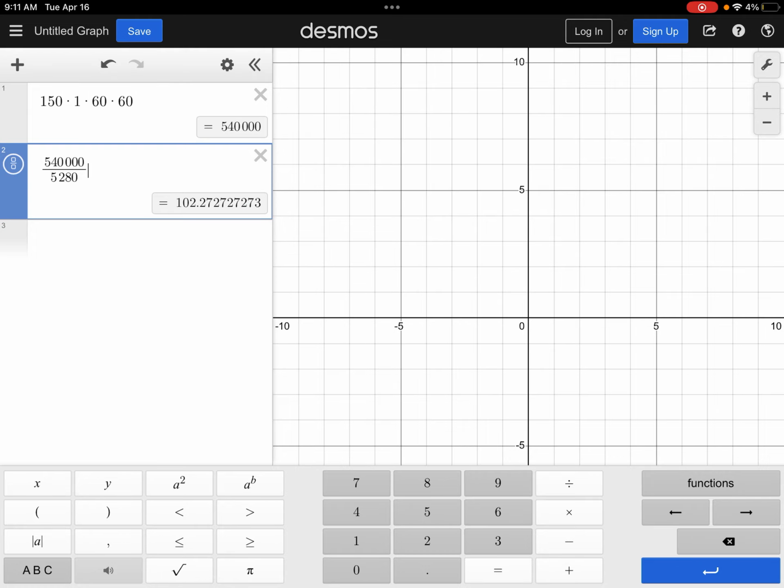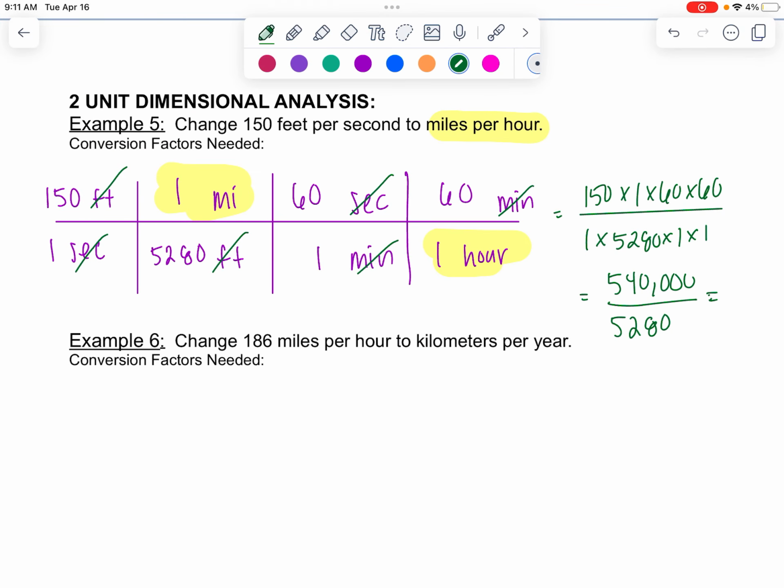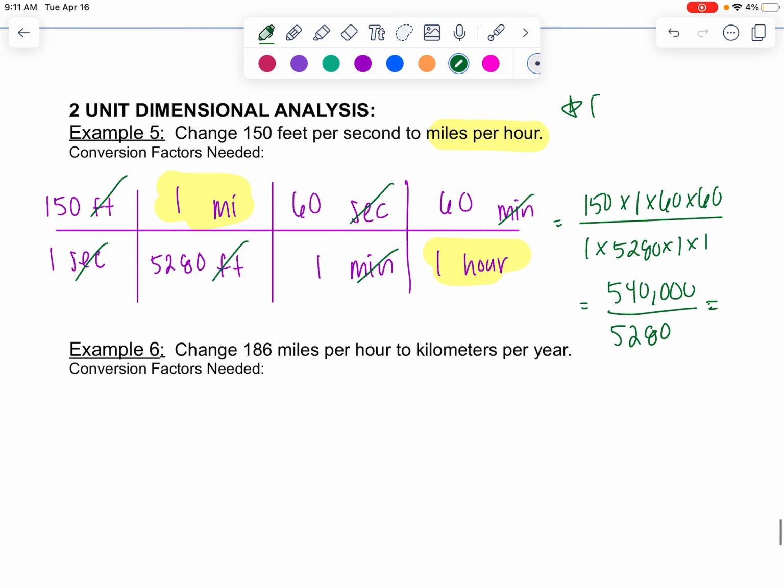And we get 102.272727. It doesn't say, but I'm going to tell you to round to 1 decimal place. So 102.27 gives me 102.3. And that is miles per hour, and we are done.